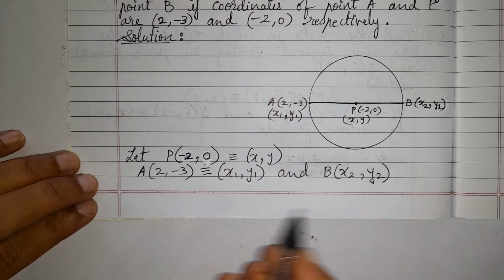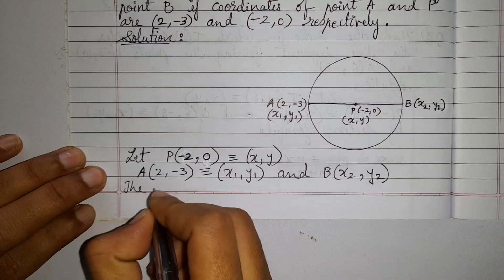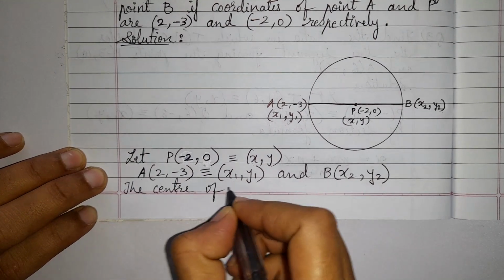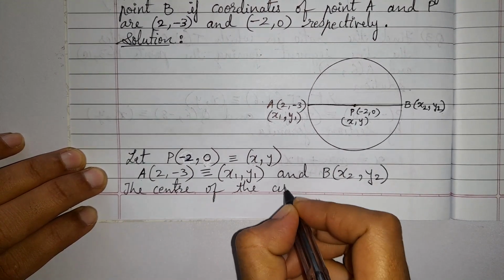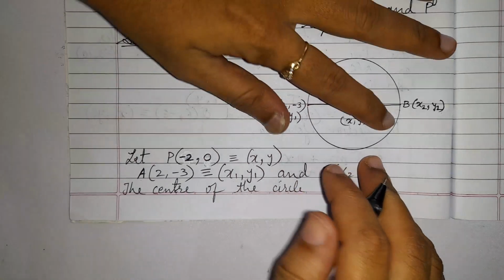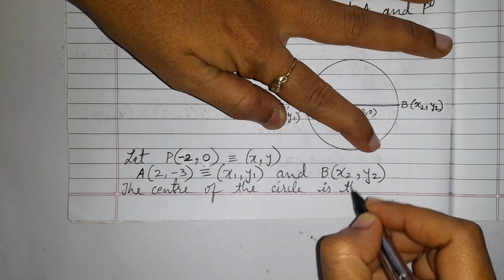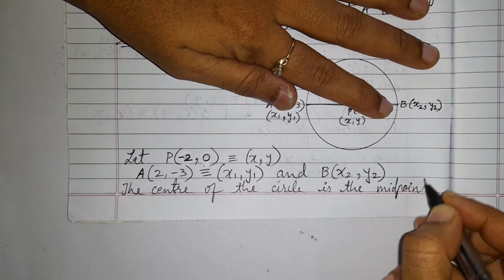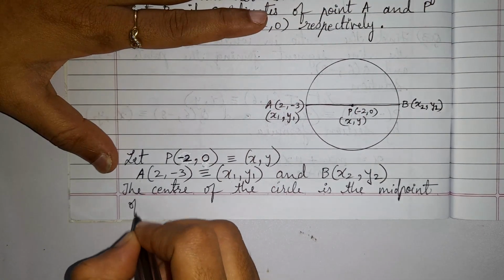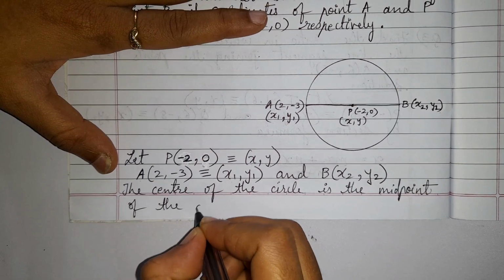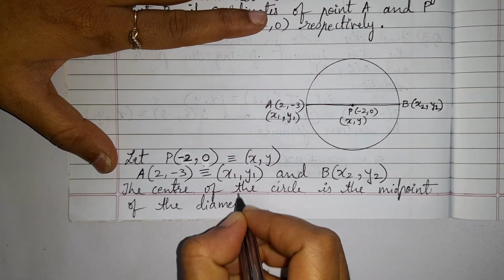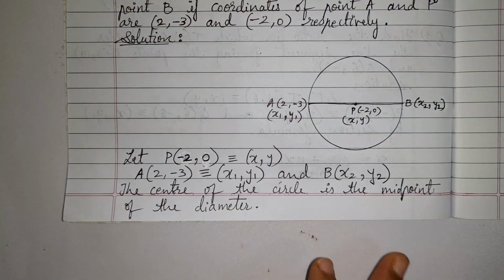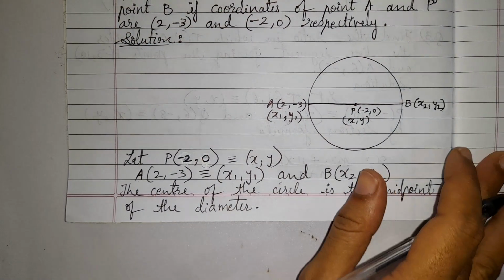And we know that the center of the circle is the midpoint of the diameter. Therefore, we'll be using the midpoint formula.